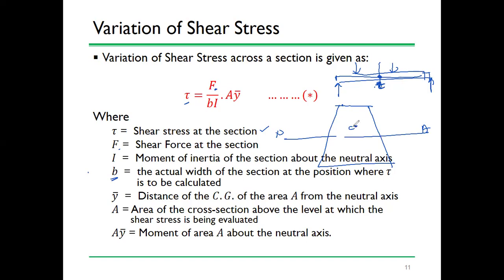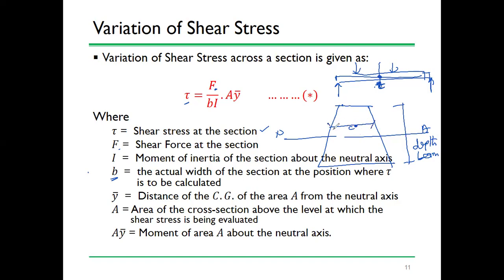and I'm determining the shear stress at point C, remember this is the depth of the beam. If I'm determining the shear stress at C, then my B is measured along that path.